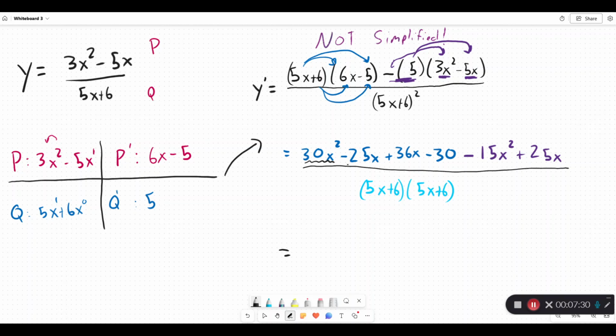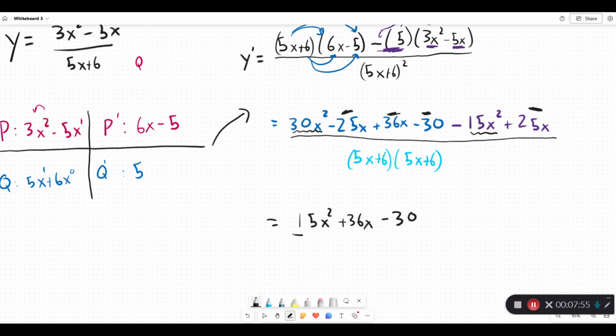So we have 30x squared minus 15 of them, leaving us with 15x squared. Now, be very careful. We have minus 25x plus 25x canceling out, leaving us with the 36x. And then we have a minus 30. Now, keep in mind this is 5x plus 6 times 5x plus 6.